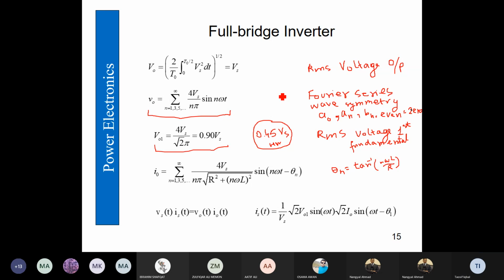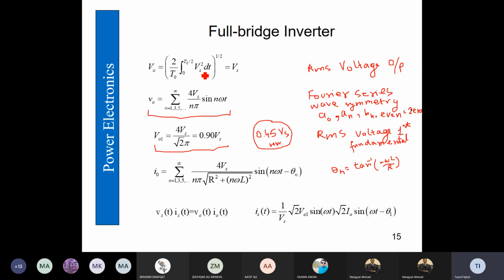So now we have to find out the parameters, voltages and current for the full bridge inverter. And therefore, for this, we are going to again integrate to find out the RMS voltage at the output side, AC side.